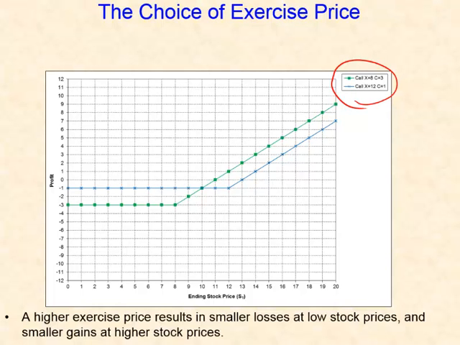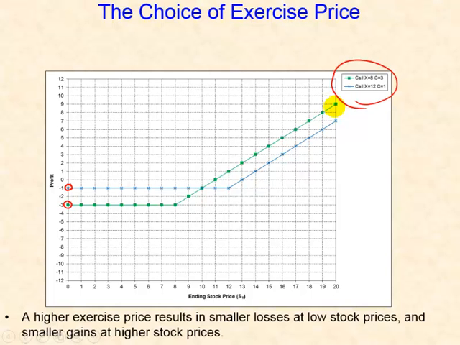We'll start with the green line, the call that has the exercise price of 8. We know at most we can lose $3 with that option. On the other hand, the option that has the $12 exercise price has a premium of 1, and so we can lose at the most $1 with the higher exercise priced option. As the ending stock price increases, we see that the $8 exercise price option goes in the money when the stock price is equal to 8 and rises along the green line.